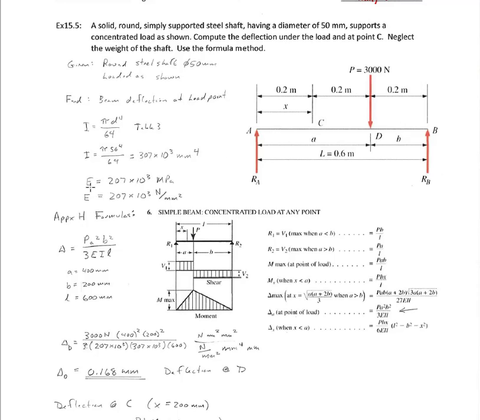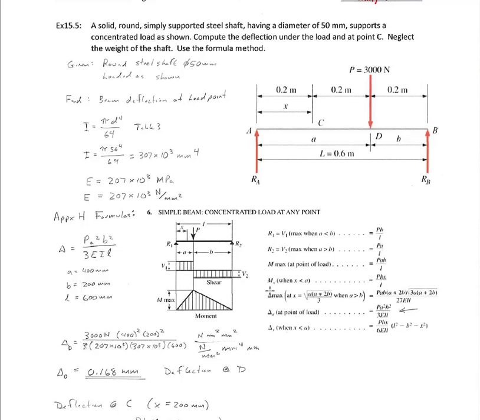And our modulus of elasticity is 207 times 10 to the 3rd megapascals. Now, as we talked about before, the units of megapascals is also the units of newtons per millimeter squared. I chose to write this modulus of elasticity in terms of newtons per millimeter squared just to make sure the units work out for me.